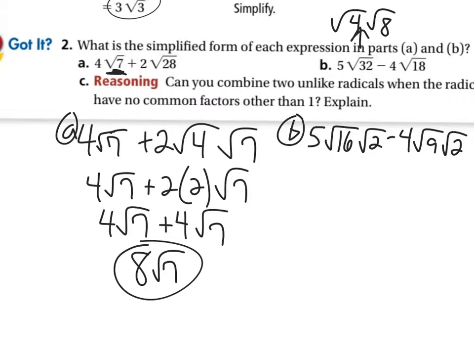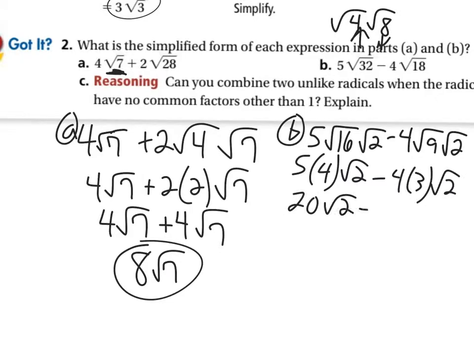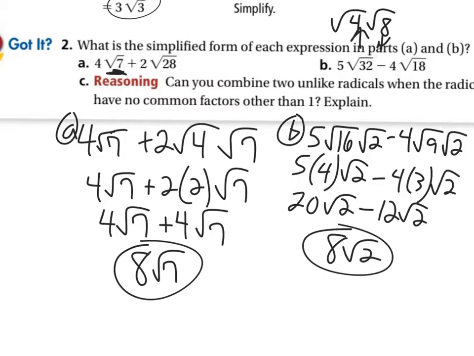That's fine, but then the next step you might notice, oh, 8, I could have done that as another 4 times 2. So just make sure you've broken it down all the way and that there's no other perfect squares still left that we can factor out of there. So square root of 16 is 4, square root of 9 is 3. And now we can subtract those, would be 8 square root of 2.